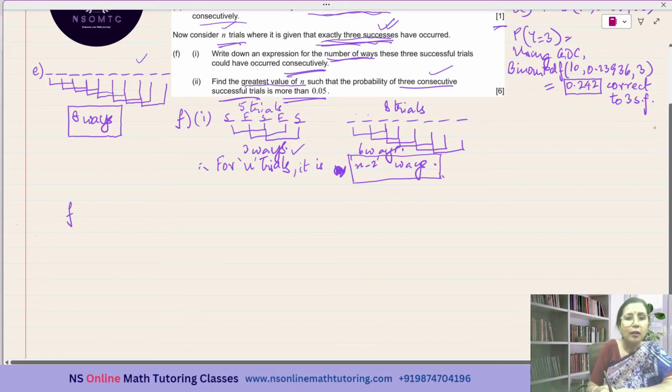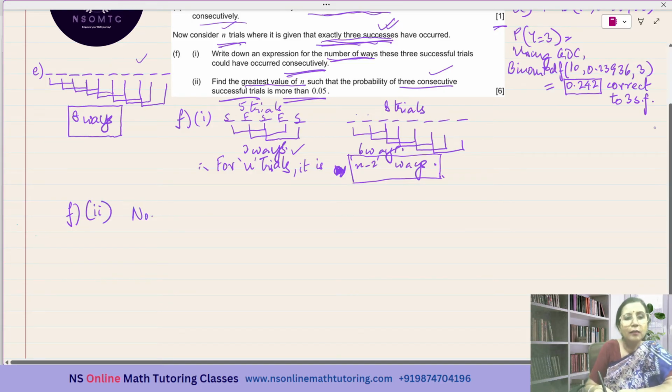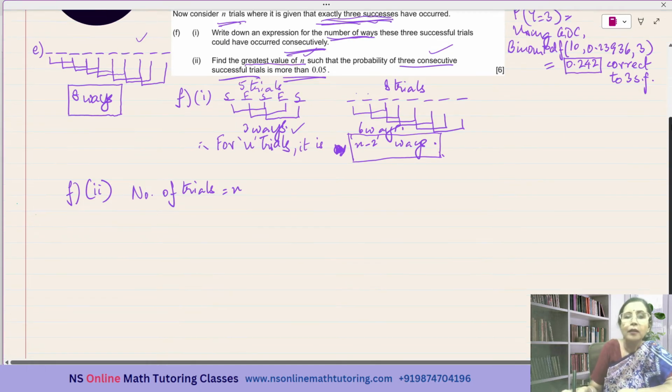So it is F and II. I am taking number of trials equal to n. Okay. They have given the number of trials as n, so I have taken the same thing. Okay.